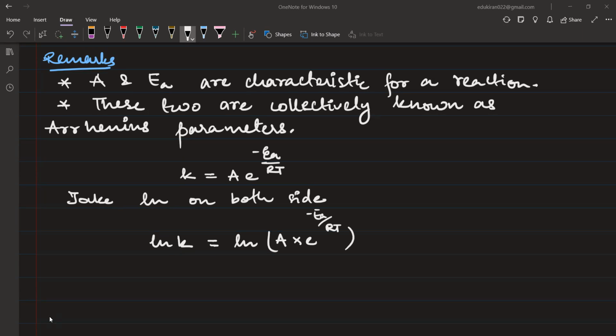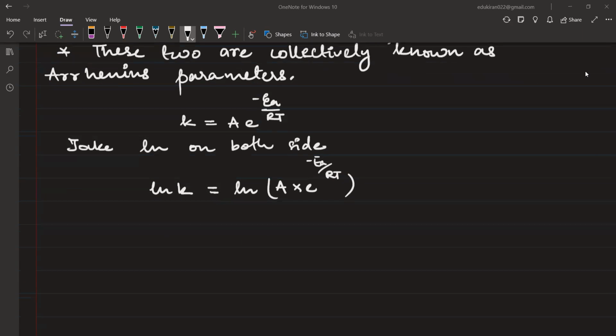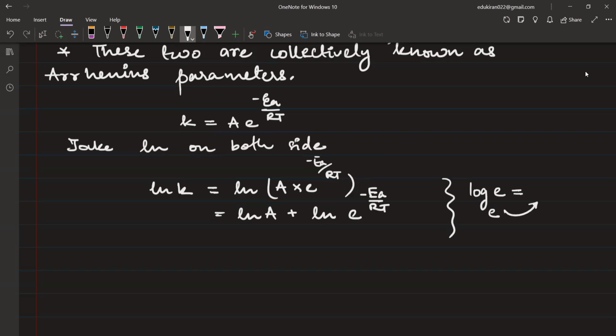Okay, so now I can write this as ln A plus ln e to the power minus Ea upon RT. Now please tell me, log of e to the base e will be equal to how much? e to the power how much will be equal to e? e to the power 1, right?